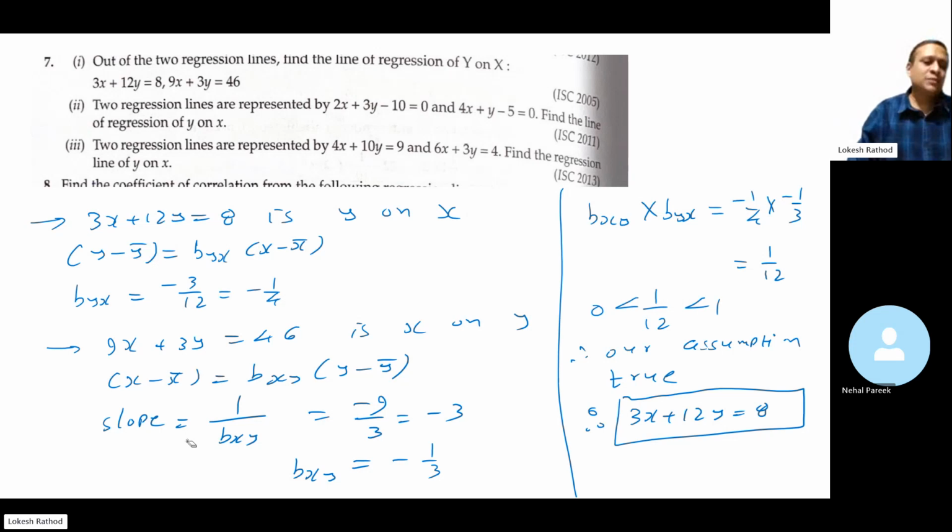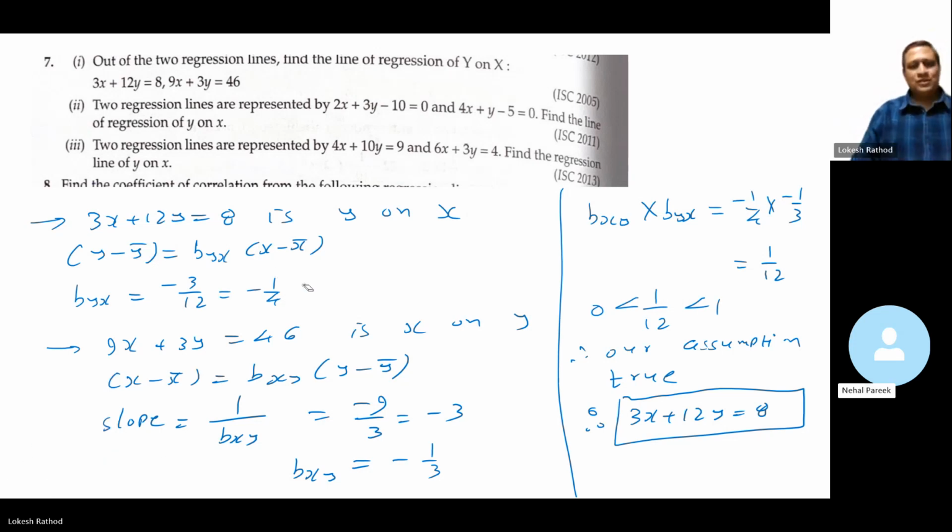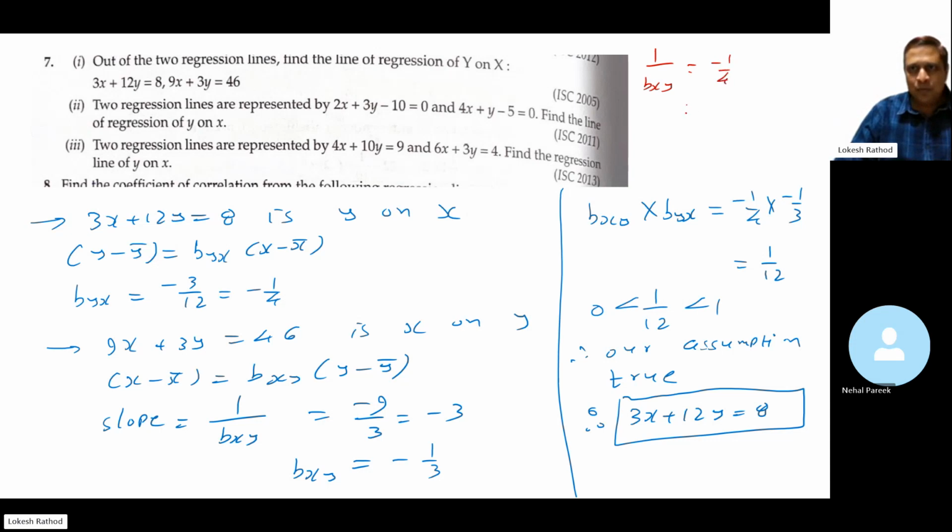Now let's say our assumption was wrong. Then we have to do the other way around. In that case, 1 over bxy becomes minus 1/4, or bxy becomes minus 4, and byx was minus 3 only.